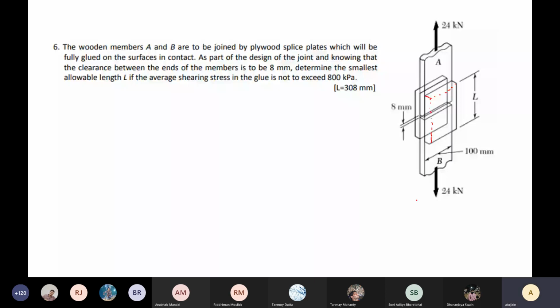I think this question was put to first check whether or not you are able to visualize the different surfaces, and to make sure that you understand that you should not be careless about the units. Kilopascal, kilonewton, and millimeters. So you have to do some unit conversion to get it right.